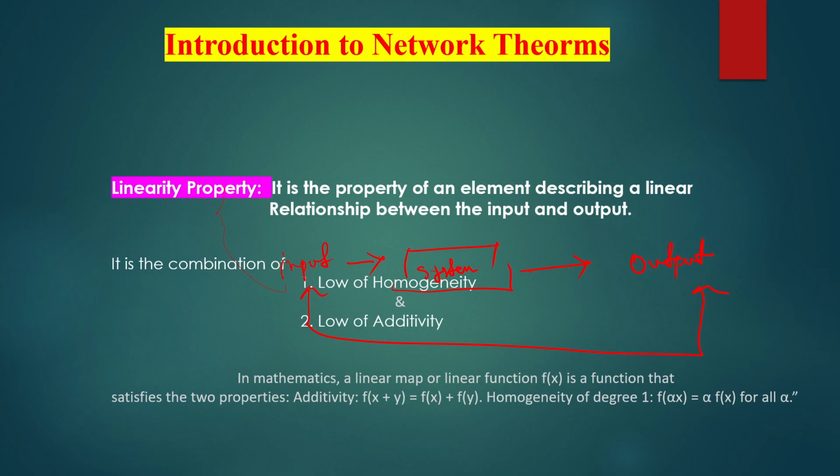In mathematics, a linear map or a linear function f(x) is a function that satisfies the two properties, additivity and homogeneity. If f(x plus y) is equal to, we can say differently, f(x) plus f(y), that is called additivity. Okay, this one, this additivity.